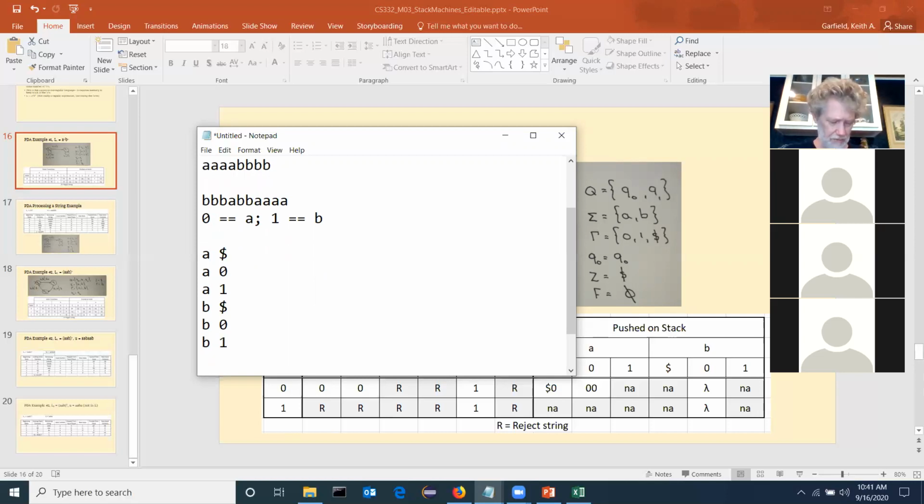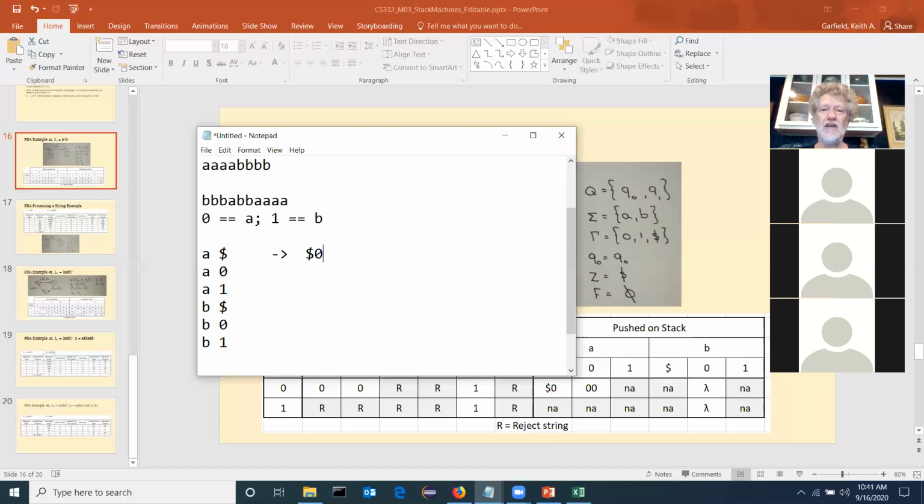So here's what I would do. You need to keep pushing things and pulling things off the stack, right? If I see a $ sign, what I probably should do is push a 0 on the stack, because every time I see an A, I'm going to push a 0 on the stack.